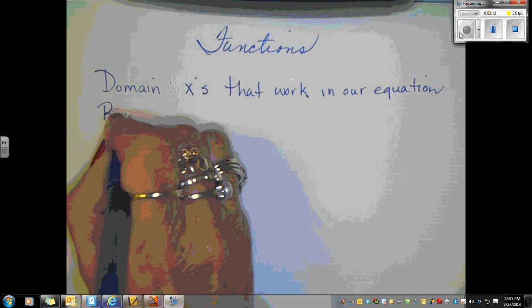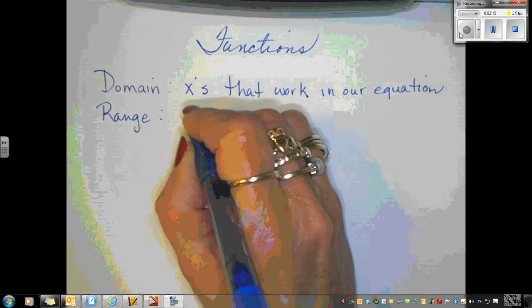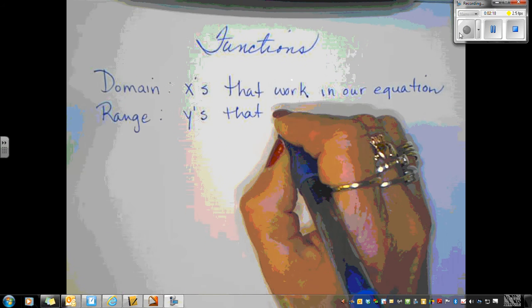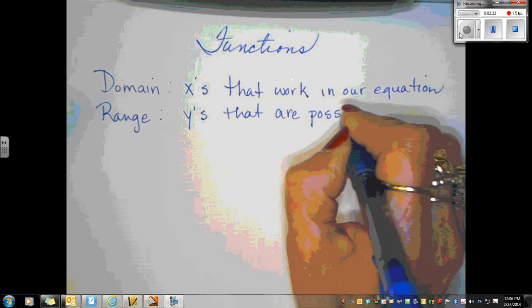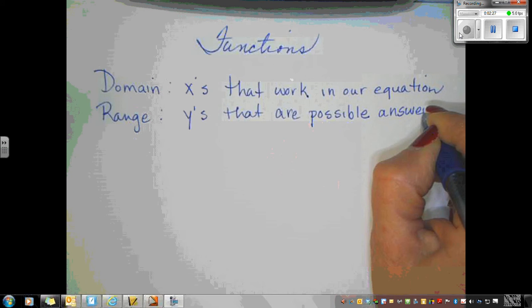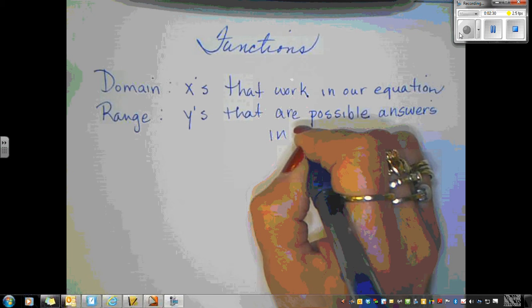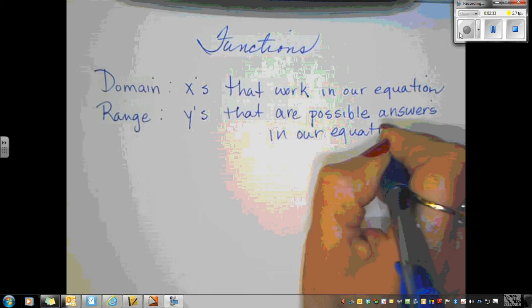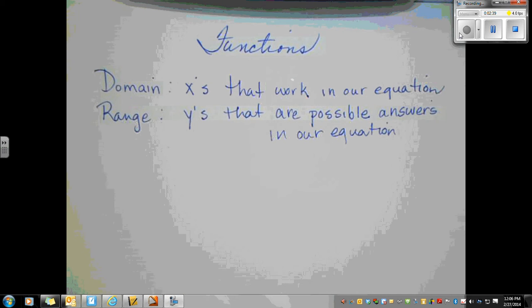Range, y's that are possible answers in our equation. Okay, domain and range. Let's start over, as if we weren't rudely interrupted.